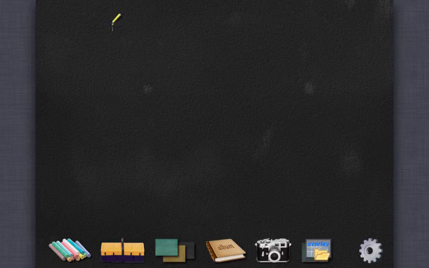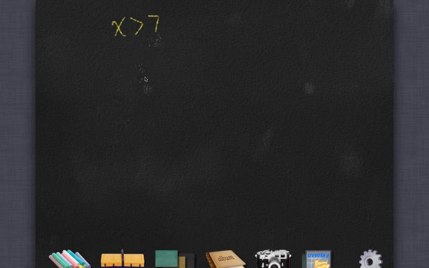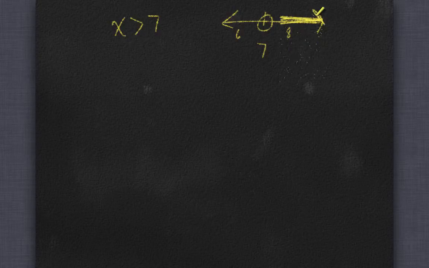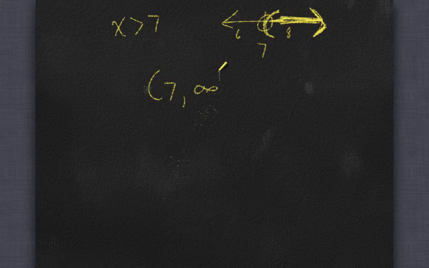So if you see something like x bigger than 7, you can sketch a little diagram to remember 7, open circle because of that. And then you can pick test points 8, 6. The one that's bigger than 7 is 8, so you put it this way. And that makes parentheses. So 7, infinity.